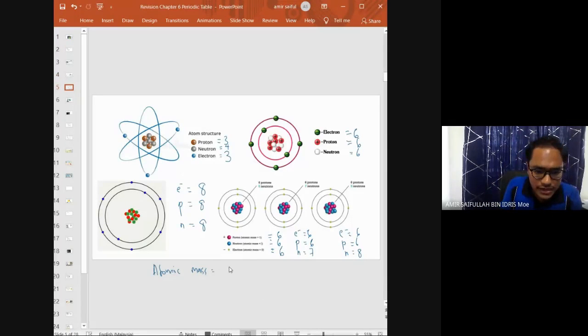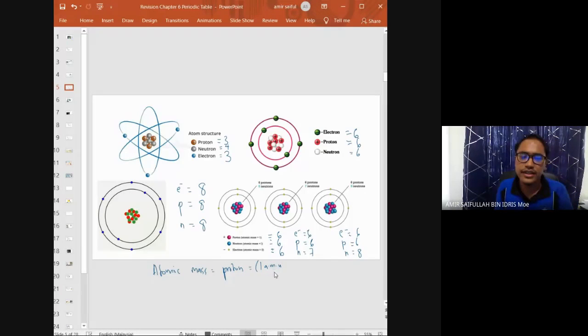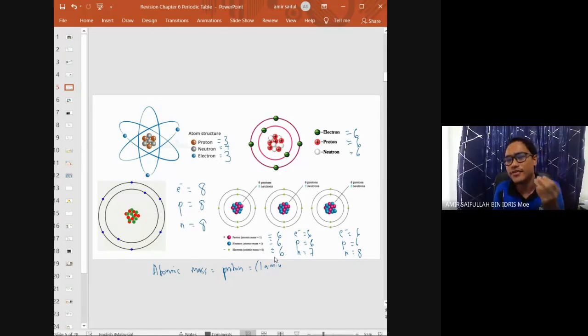Atomic mass: the mass of a proton is usually equal to 1 AMU, atomic mass unit. It doesn't use kg or gram because it is very small.